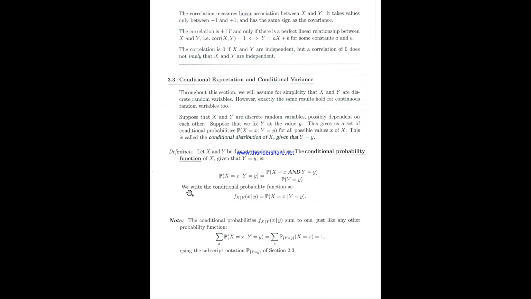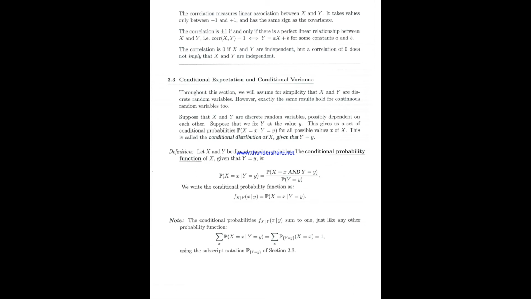When you calculate the conditional probabilities using this function, we can write the conditional probability function like this. If you are concerned with the conditional probability function of X given that Y is a specific value, you can write it as f of X given Y, and that function value is the probability that X is equal to small x given Y is equal to small y.